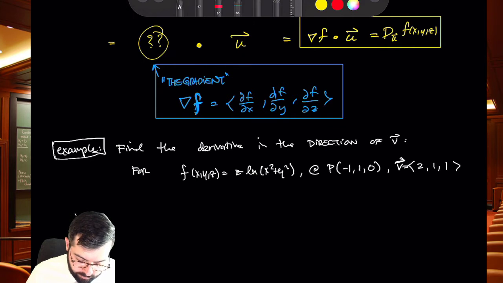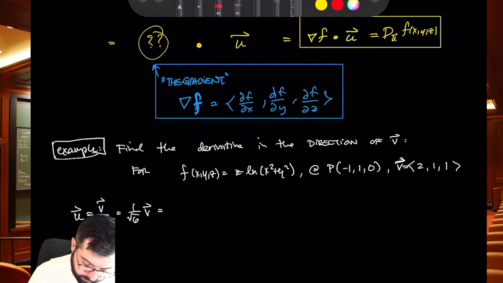So we could take u to be v divided by its magnitude. Its magnitude is radical 6. Which is what? 2 over radical 6, 1 over radical 6, 1 over radical 6.